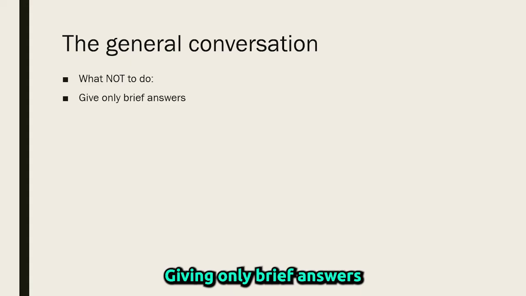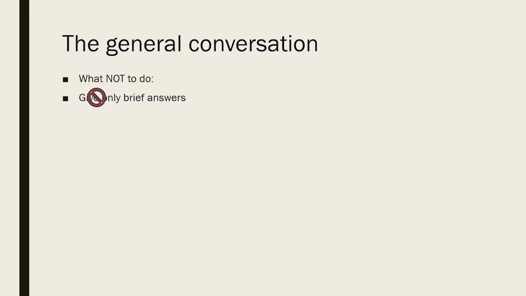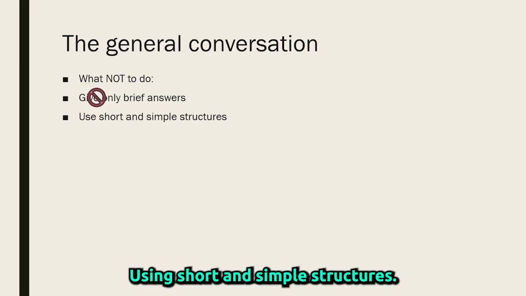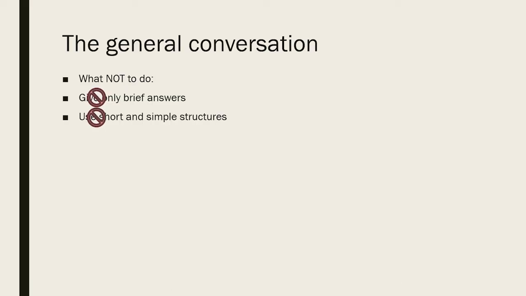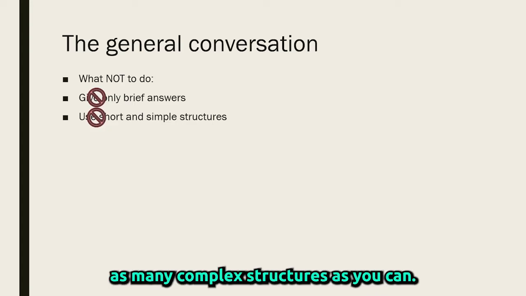Giving only brief answers. No, you want to extend your answers as much as possible. Using short and simple structures. Again, no, you want to be giving as many complex structures as you can.